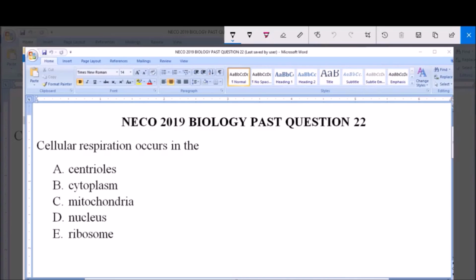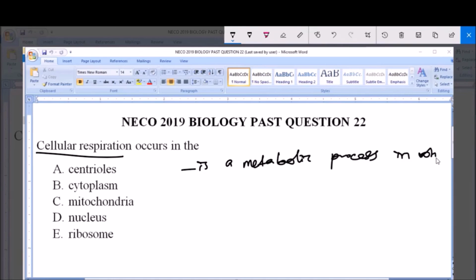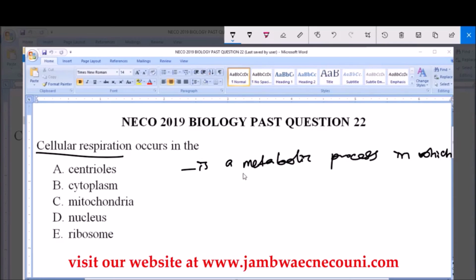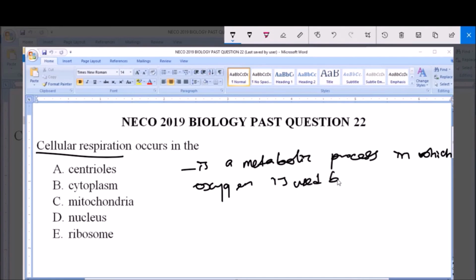Now, what is cellular respiration? Cellular respiration is a metabolic process in which oxygen is used by cells to produce energy in the form of ATP.